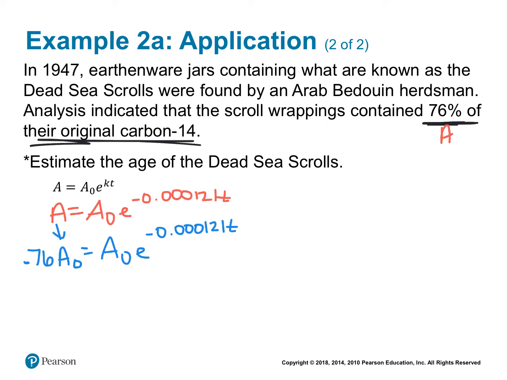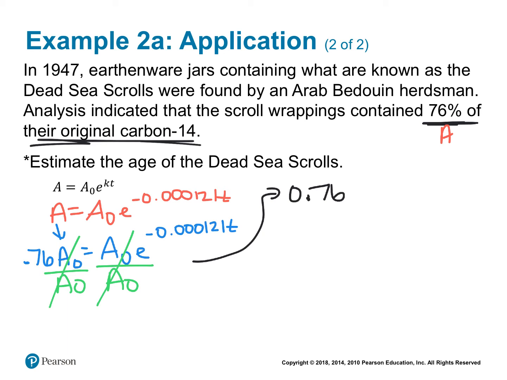Okay, on this one, I have A sub O on both sides, so I can divide to get rid of that. And that's going to leave us with 0.76 equals E to the negative 0.000121t. Now I can take the natural log of both sides.